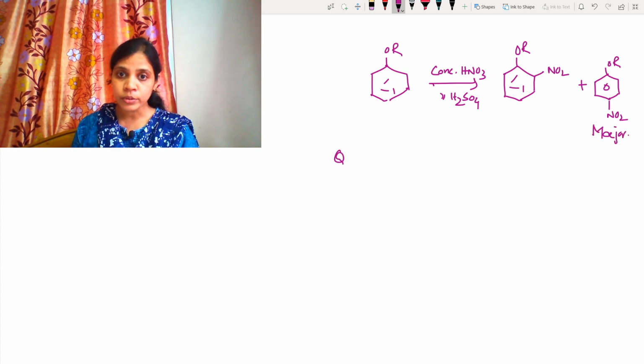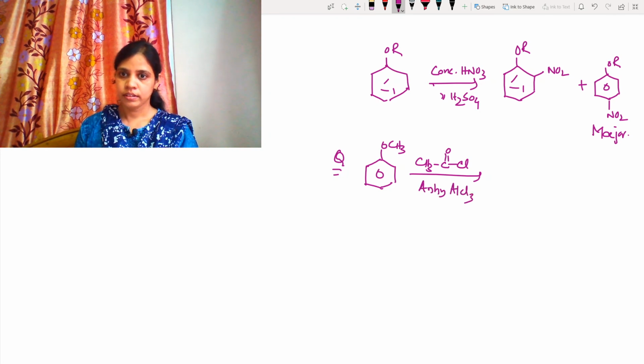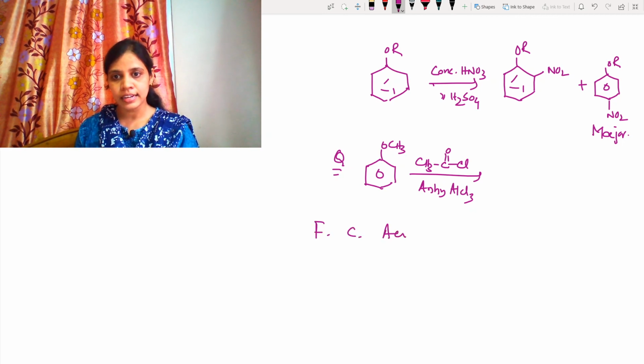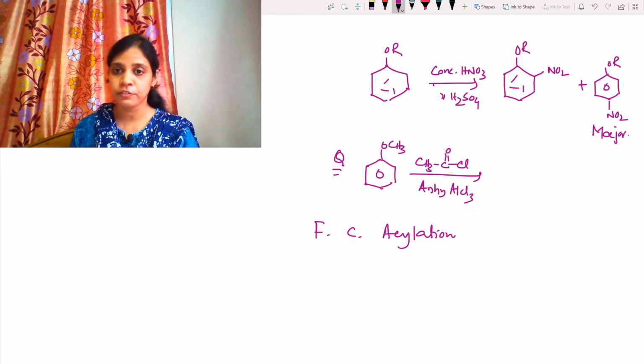Now suppose I give you one question: what happens when anisole reacts with this acyl chloride in the presence of anhydrous AlCl3? What is the name of the reaction? This is Friedel-Crafts acylation. Here an acyl group is generated which acts as the electrophile, and this acyl group comes at which position?